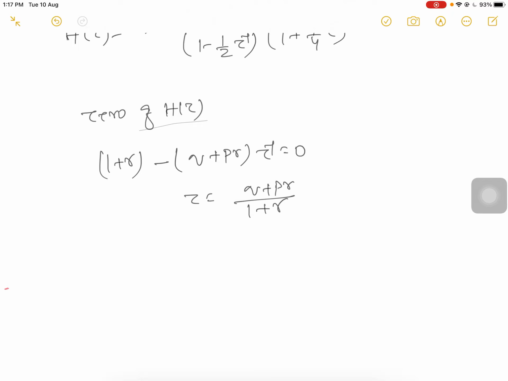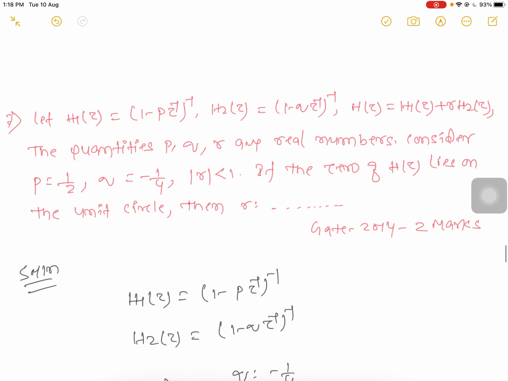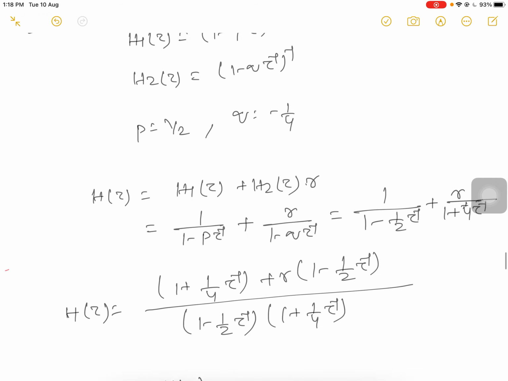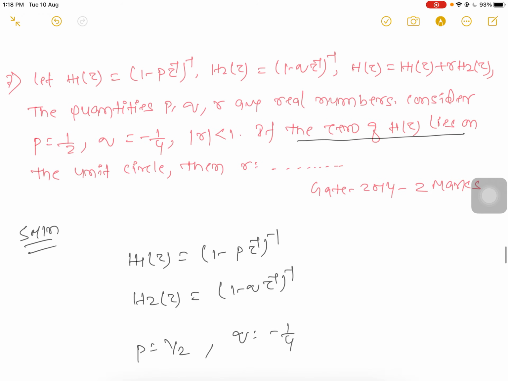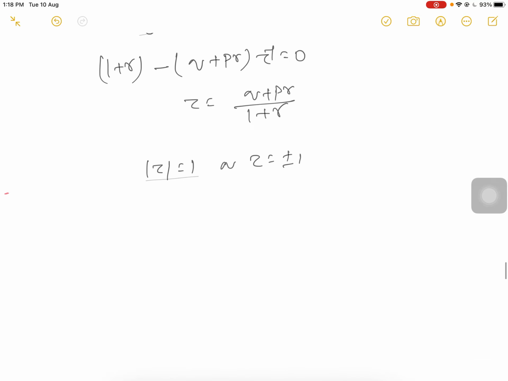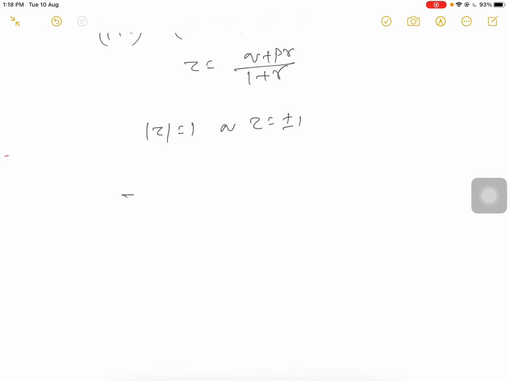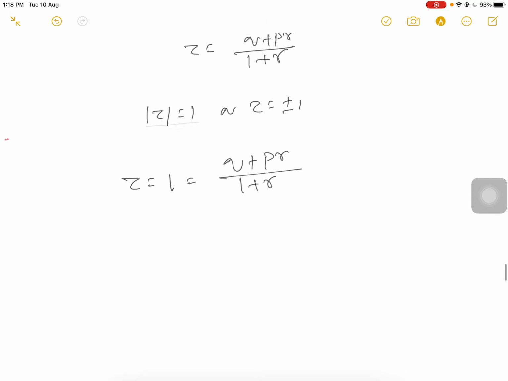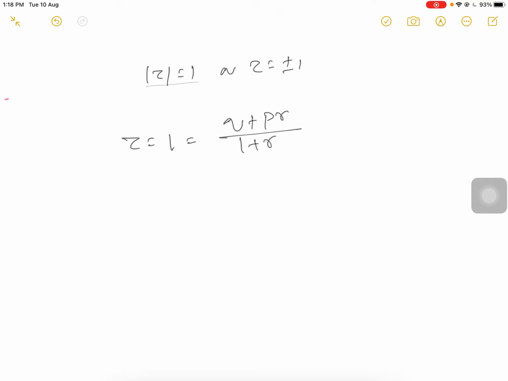Since the zero of H(z) lies on the unit circle, mod z is equal to 1, or z is equal to plus minus 1. Here the unit circle is given, so that's why we found the zero. So z equal to 1 gives 1 is equal to q plus pr upon 1 plus r.